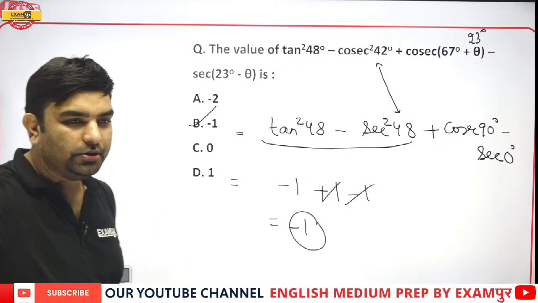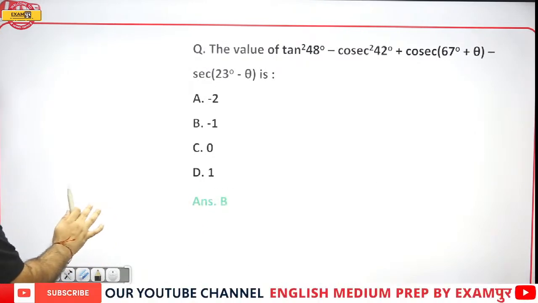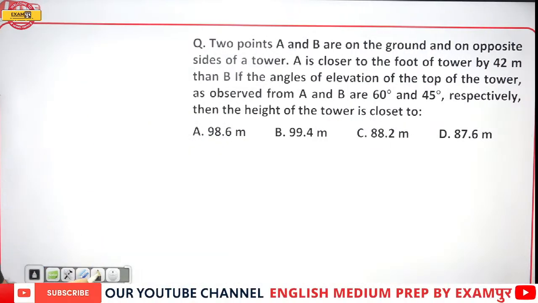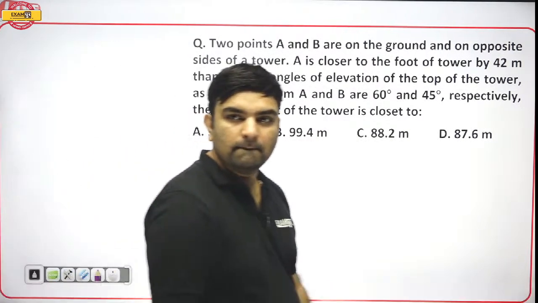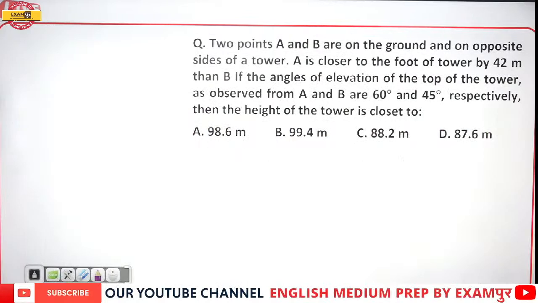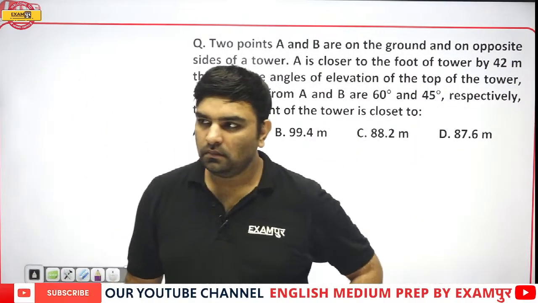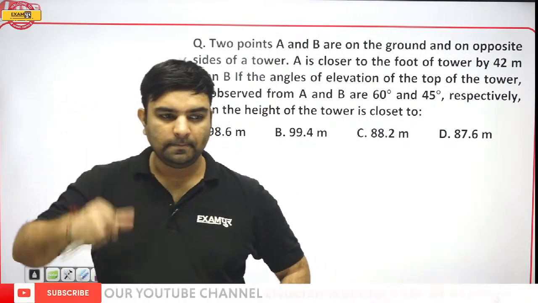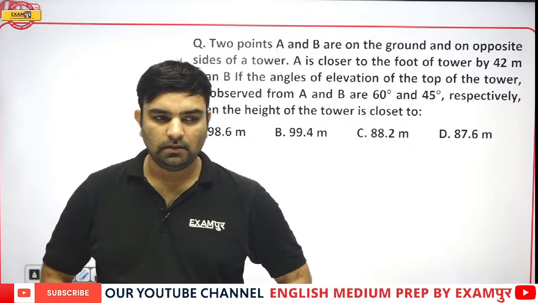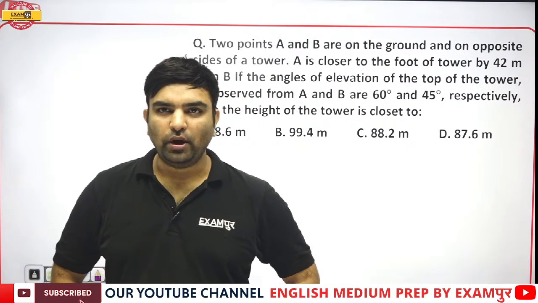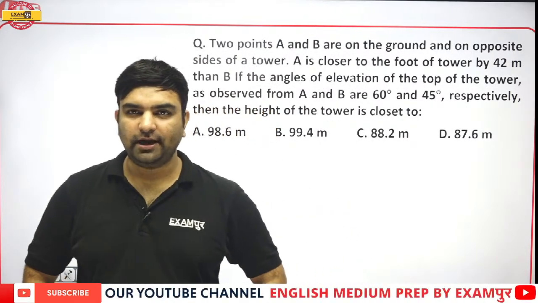Great. Third question of the day. The points A and B are on the ground, on the opposite sides of the tower.